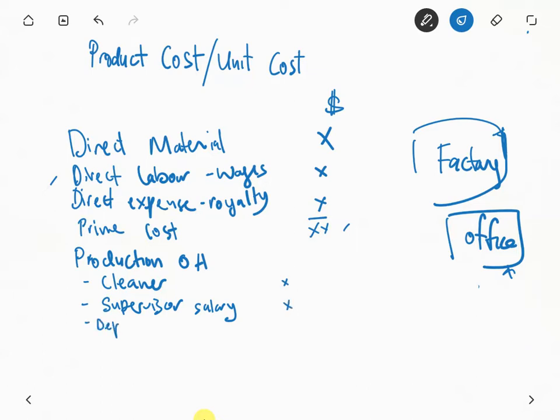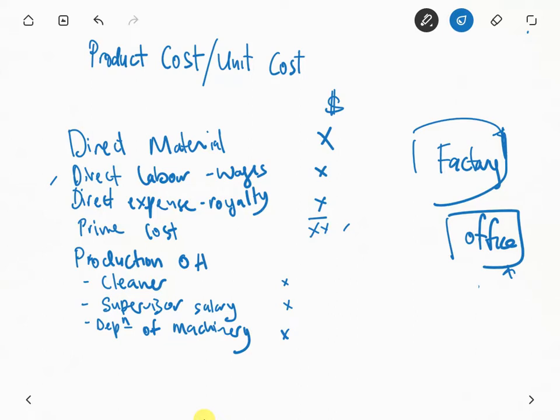Depreciation of what? Machinery. Is machinery in the factory? Yes. What if it's depreciation on motor vehicle? Motor vehicle is related to a salesman. Do we put depreciation of motor vehicle here? No. Where?